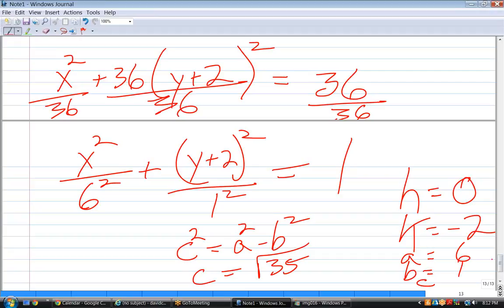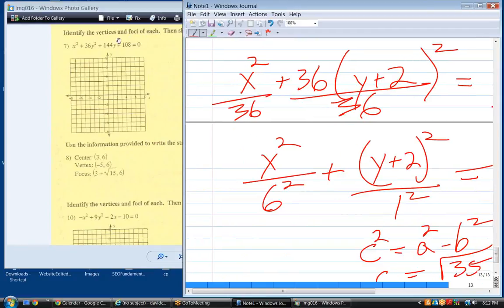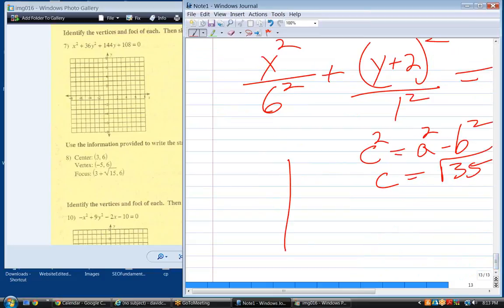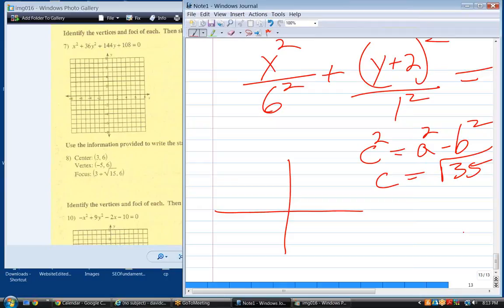So let's see. Everything they wanted, we now have. They want the vertices and foci. Let's figure all of that out here in two minutes. Where's the center? Then sketch a graph, okay? So we need to start with a center. Where's the center?